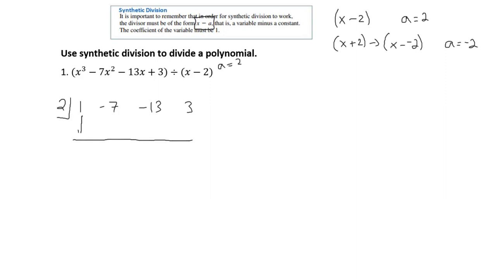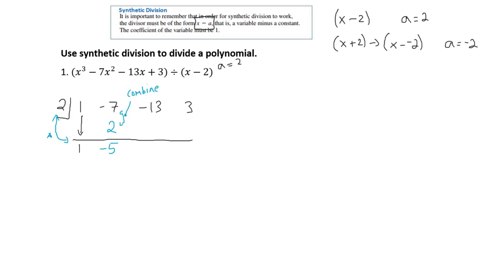And then what we do is we drop the first number and we get a 1. Then we multiply these two numbers and we put it in the next spot. So 2 times 1 is 2. Then we combine these numbers. -7 and 2 give you a -5.